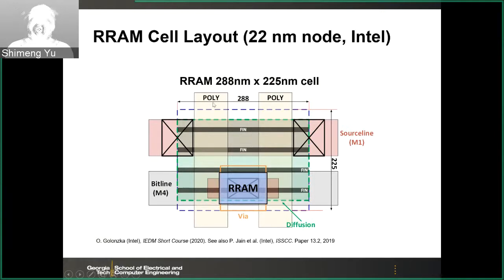It's not poly, but it's gate basically. The cell size is close to 300 by 200 nanometer. You can convert that to F square, and you will see this is close to like 80 or even 90 F square.